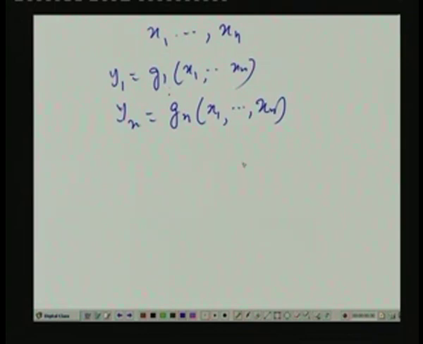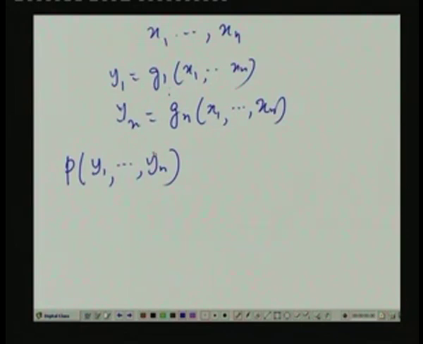Okay, so say n functions. So, what is the joint density of y1 to yn? First we said that you want to find out the joint density at a particular value of y1, a particular value of y2 and a particular value of yn.